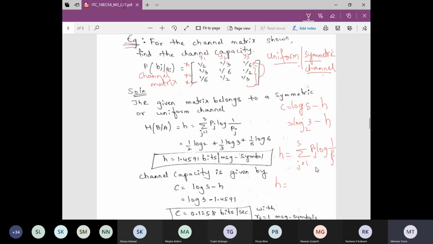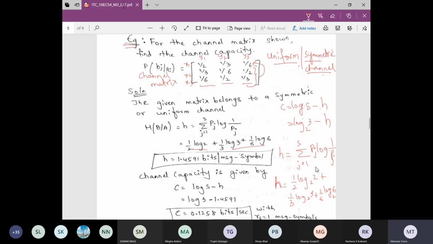What are the elements? 1 by 2, 1 by 3, 1 by 6. So entropy H is 1 by 2 log 2 to the base 2 plus 1 by 3 log 3 to the base 2 plus 1 by 6 log 6 to the base 2.